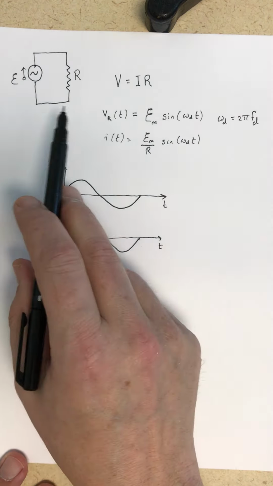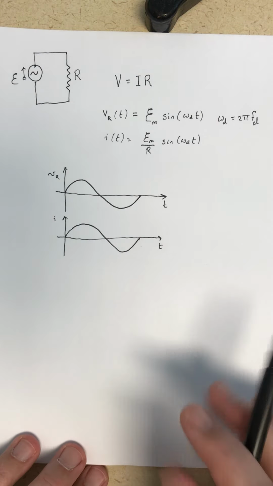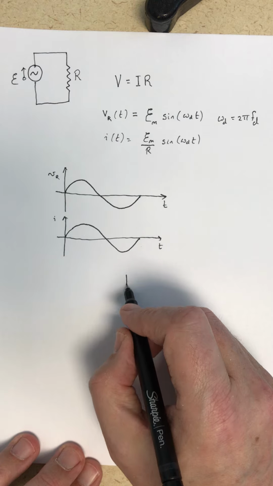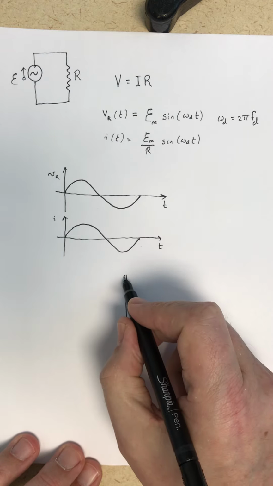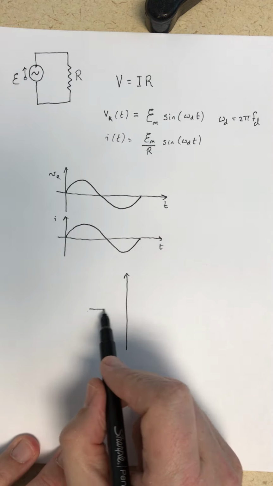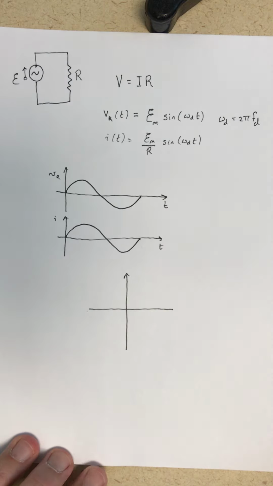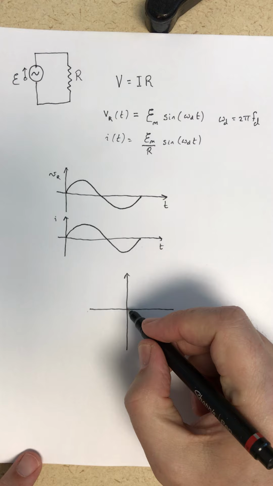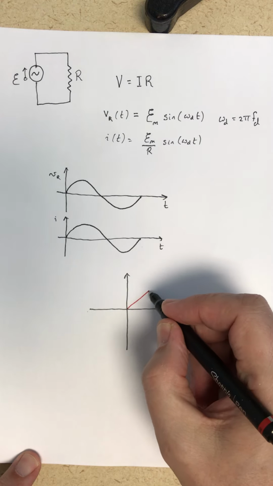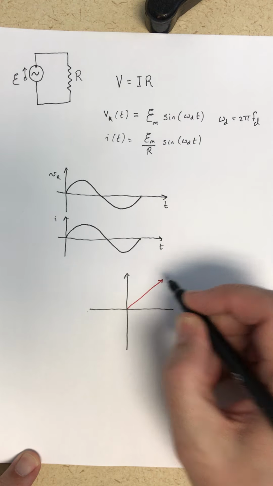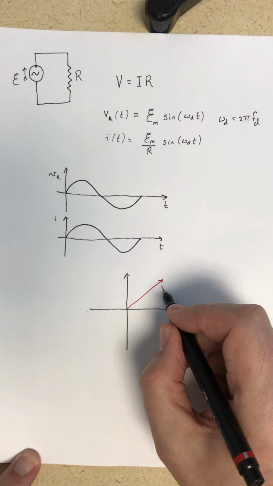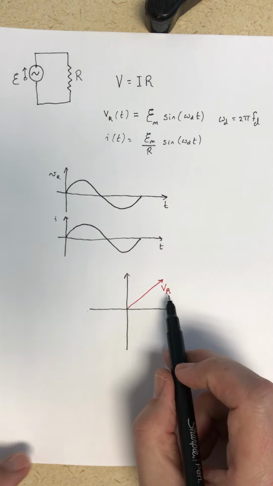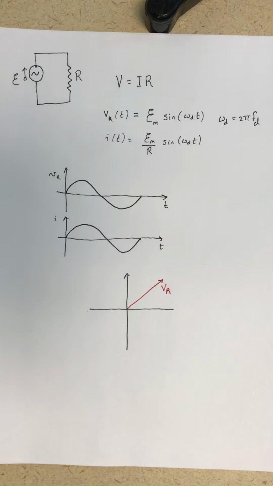If it is just a resistor in an AC circuit, we can look at the phasors. I'm going to have a phasor for the voltage, and so the length of that arrow is the amplitude of the voltage across the resistor.